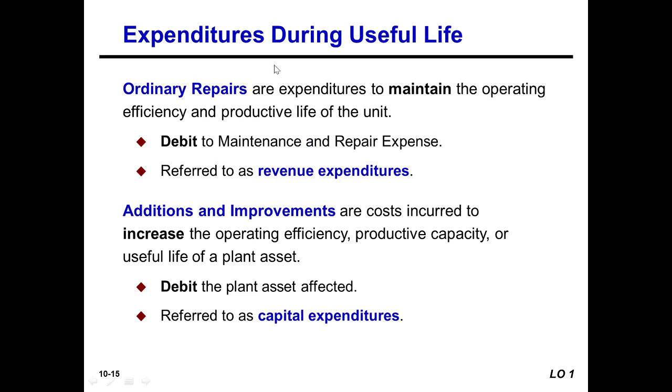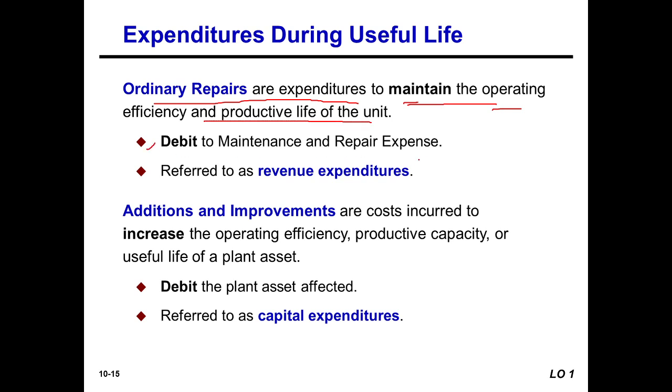Okay, expenditures during useful life. Ordinary repairs are expenditures to maintain the operating efficiency and productive life of the unit. If we want to maintain, we need operating efficiency and productive life of the unit.